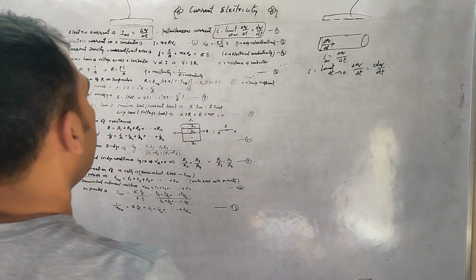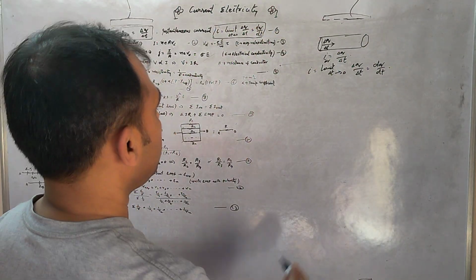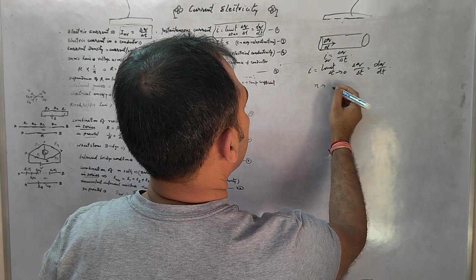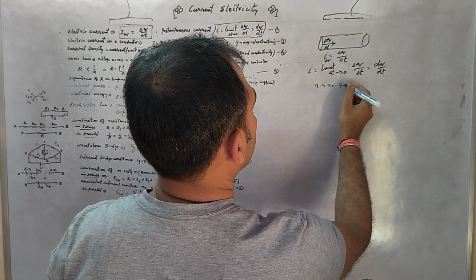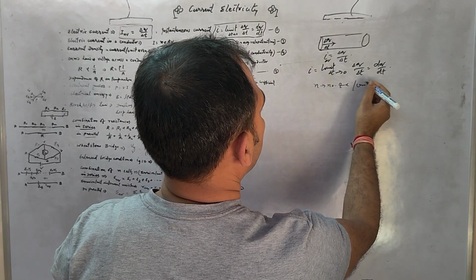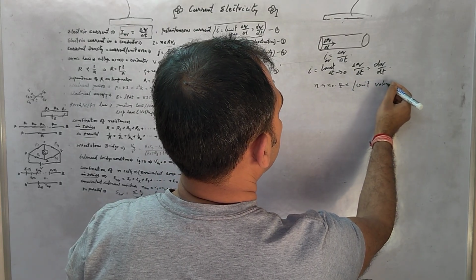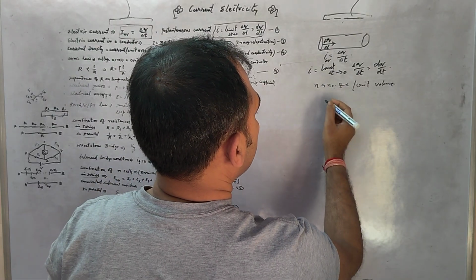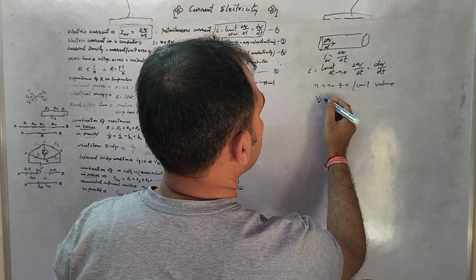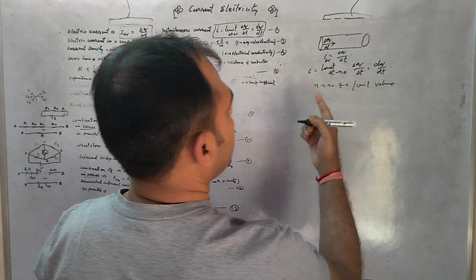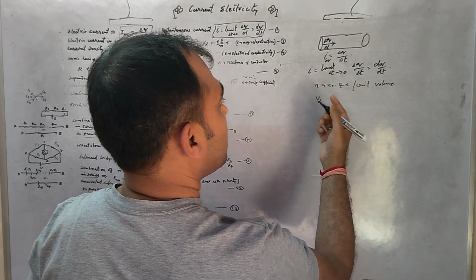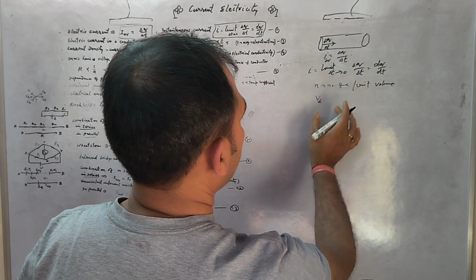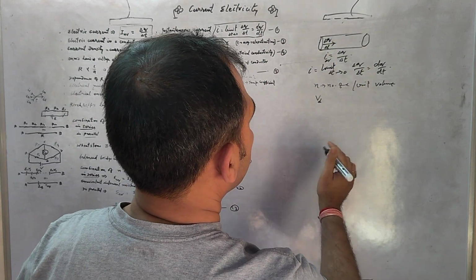Okay, next, see, if n is the number of electrons per unit volume of this conductor, then in 1 second if drift velocity is vd, what will be the rate of charge flow across this conductor?